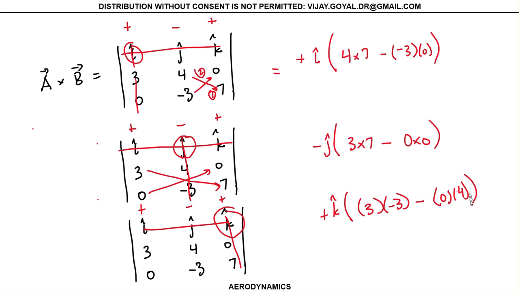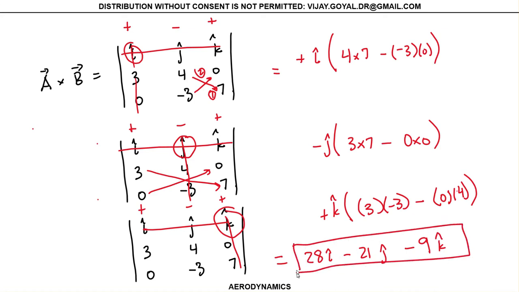The whole answer is the summation of all these three. So this gives you 28 times I, minus 21 times j, minus 9 times k. So this is the solution to this cross product.